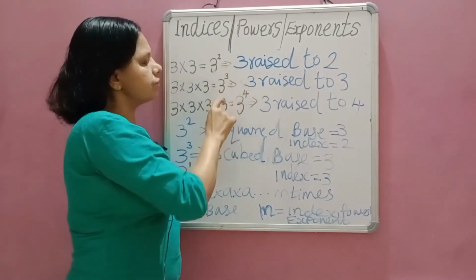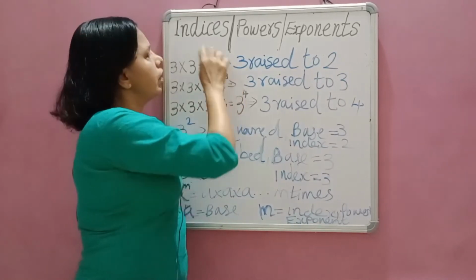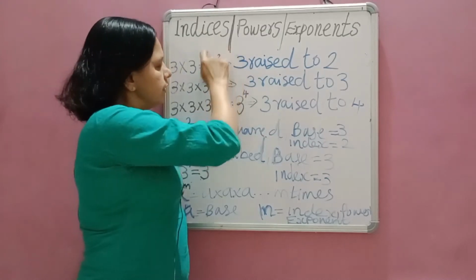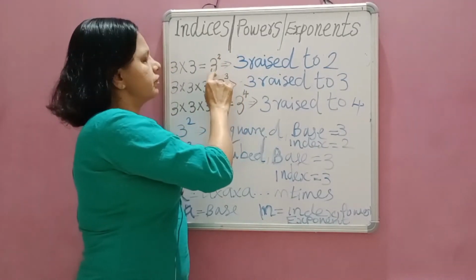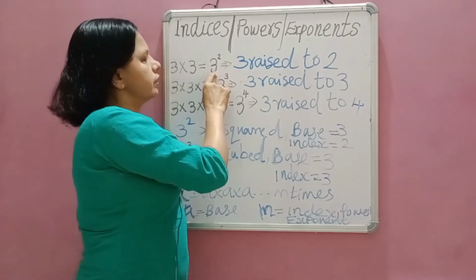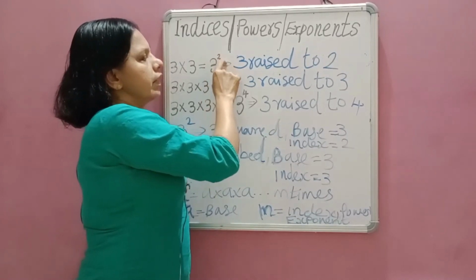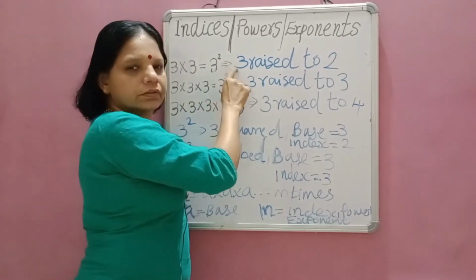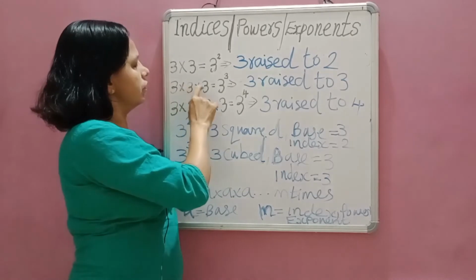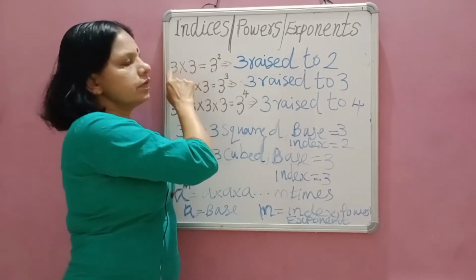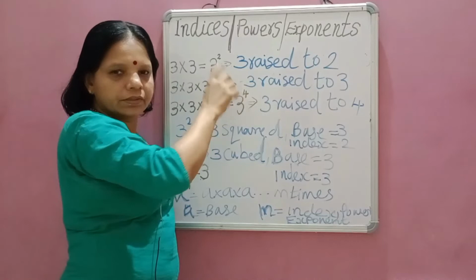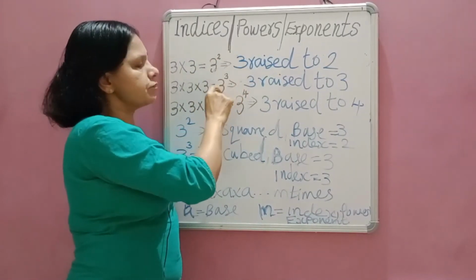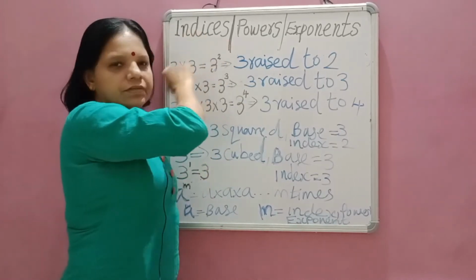The number in this form is called index, or indices in plural. Here 3 raised to 3 means what? 3 into 3 into 3. 3 raised to 2 means what? 3 into 3. This you have already learned. It is nothing but square and cube. This form of expressing numbers is called indices.